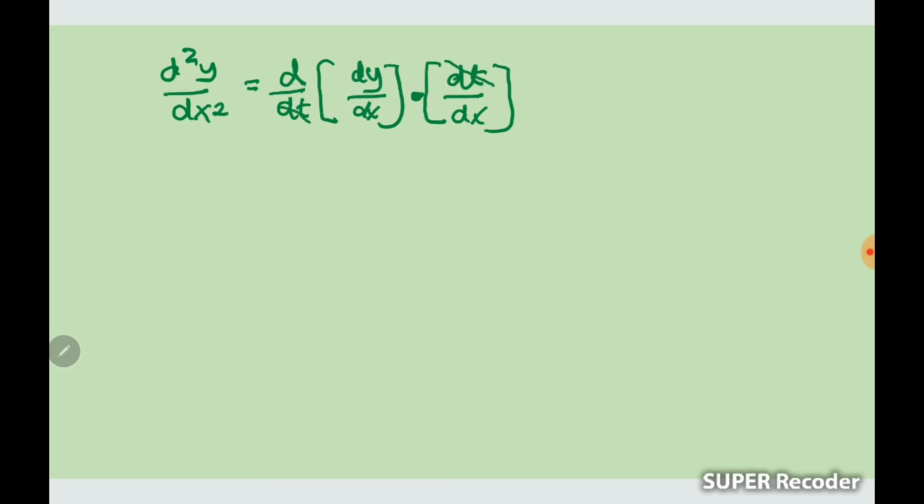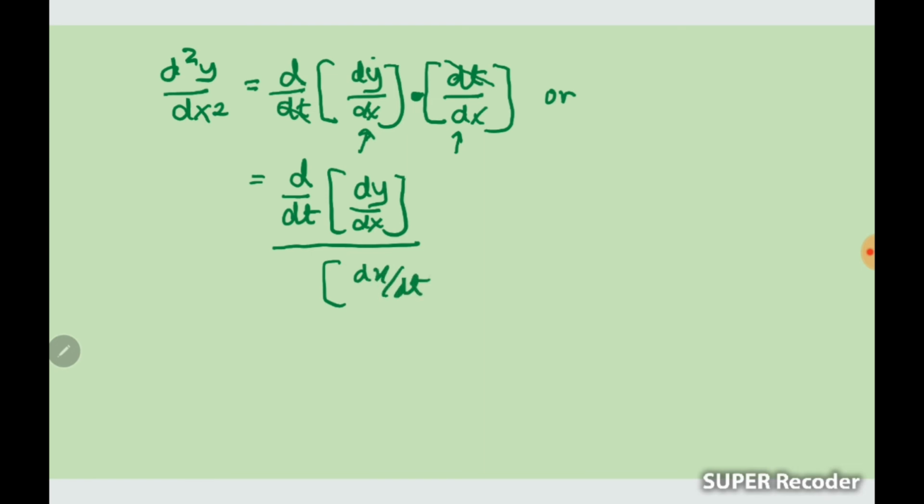Okay, so you get d squared y over dx squared, or you can write as d dt dy dx. Instead of multiply, you can divide. You have to divide by dx dt. So up to you, either you want to use the upper formula or the second one. Both are right.